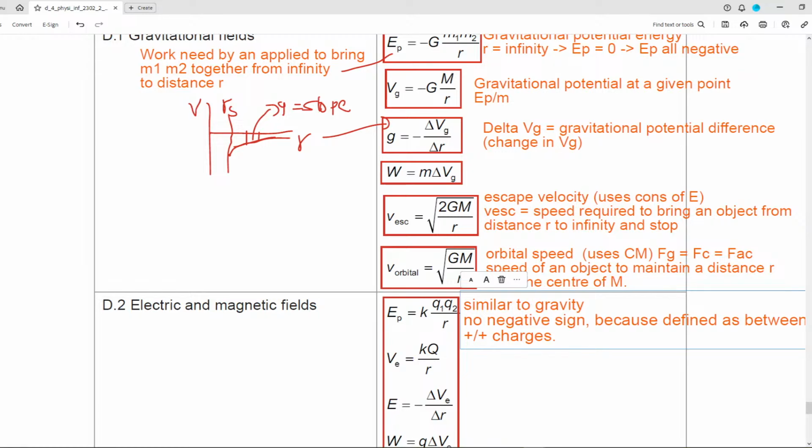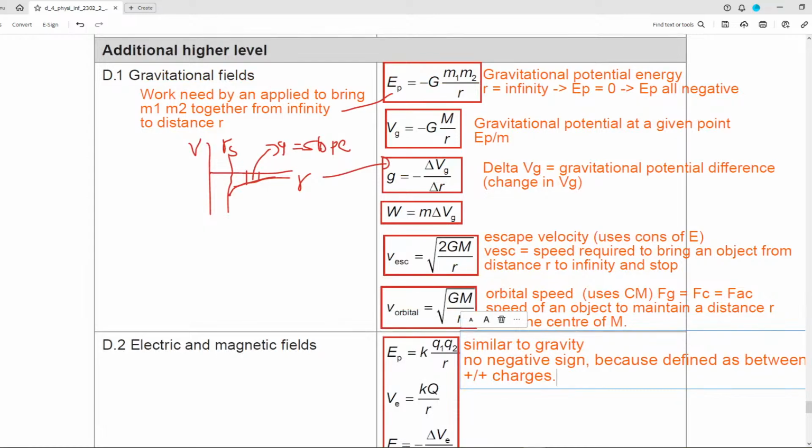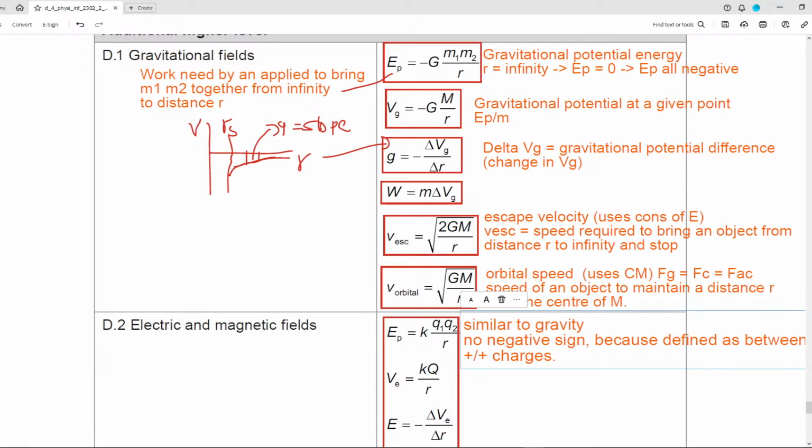So the negative would actually come if it turns out one of the charges is negative. Let's say Q1 is negative and Q2 is positive, then EP ends up being a negative number, just like gravity, which is attractive. So for a repulsive force, EP decreases if further.